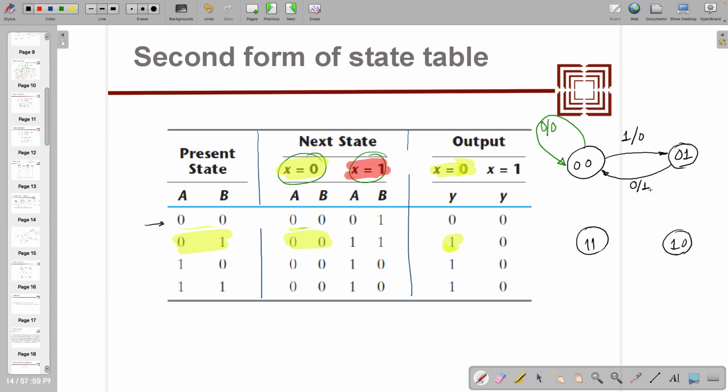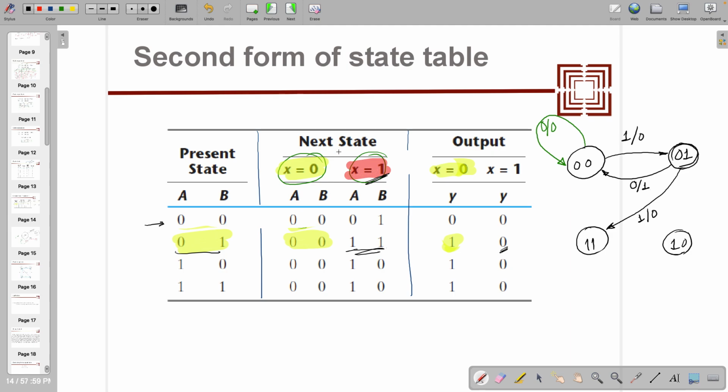Now, let us draw the next one. If 0 1, next state is 1 1, when x equals 1 and y equals 0. So, 0 1 will go to 1 1, when input is 1 and output equals 0, right. At the output of each state, there are only two possibilities because we have only one input.